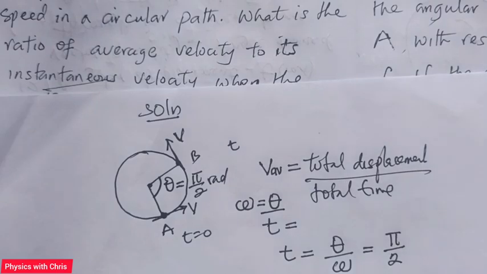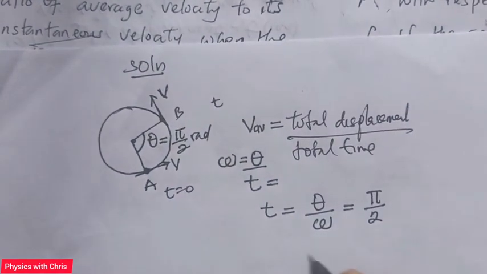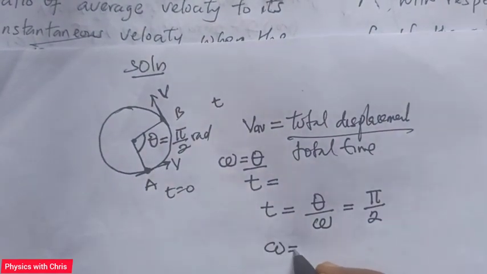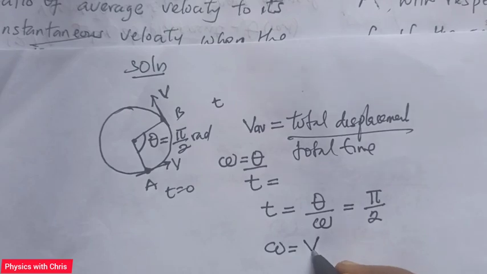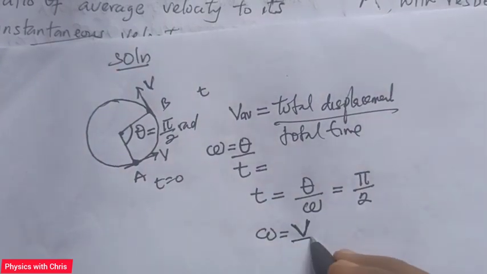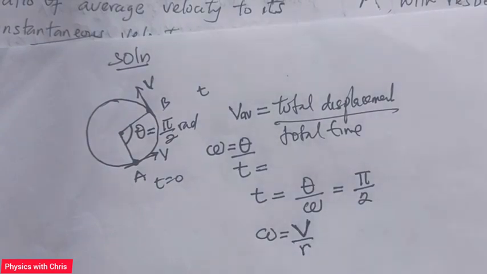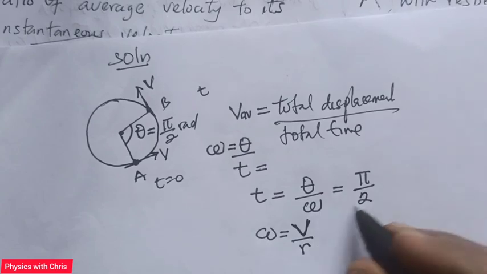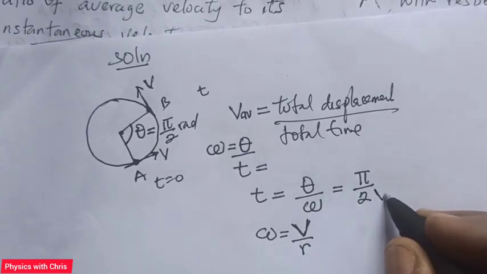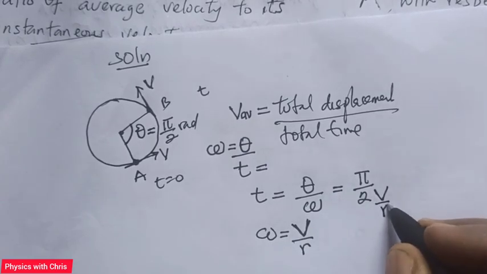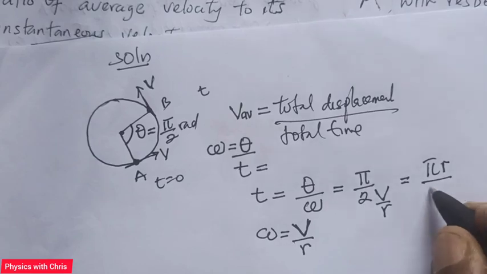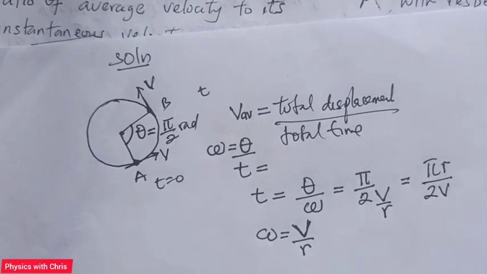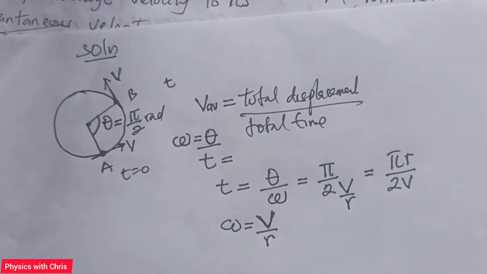And then what is my angular velocity? We know that angular velocity is linear speed divided by the radius of the path. So I'm going to replace that here. This is going to be equal to v divided by R, and this R goes up. That gives me pi R divided by 2 times v. So that's the expression for the time.